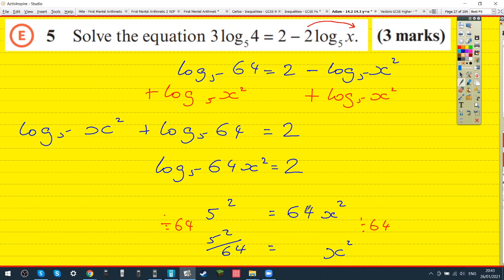Square root both of them. Put it in the calculator if you don't believe me. Wait, so would you put it in as root 5 squared over 64? Yeah, it's essentially like square root of both sides, square root of everything, equals x squared.